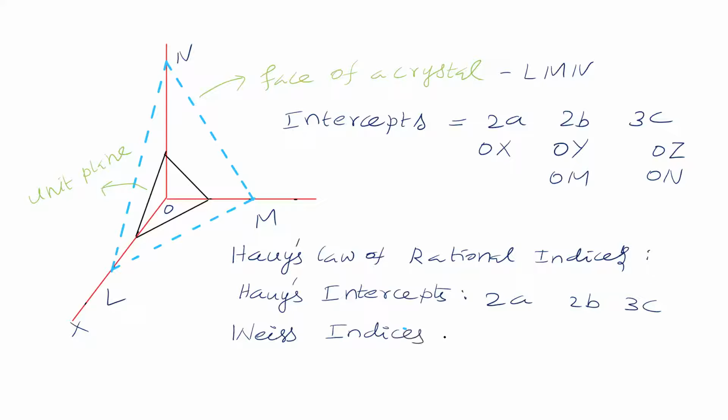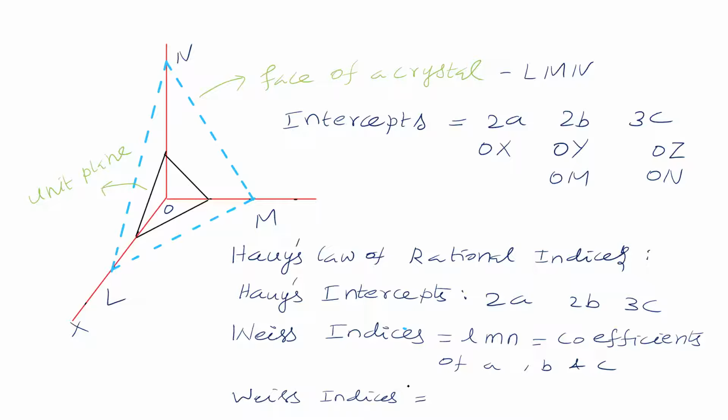Weiss indices, L, M, N, are nothing but the coefficients of a, b and c. Therefore, the coefficient of a is 2, the coefficient of b is 2, and the coefficient of c is 3.